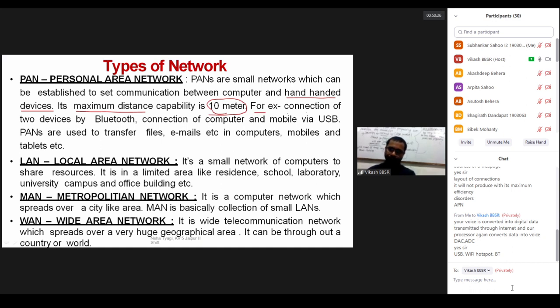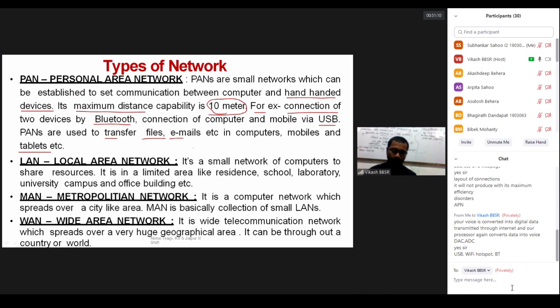For example, connection of two devices by Bluetooth comes under PAN, because you are sharing personally with your friend, not with others. Connection of a computer and mobile via USB. PANs are used to transfer small files or emails, on mobiles and tablets. These are the devices we are using. Hotspot Wi-Fi you can do. So these come under PAN.